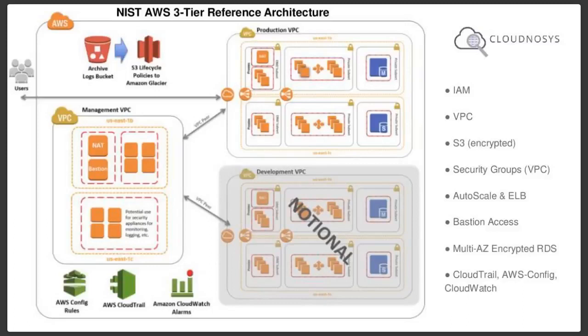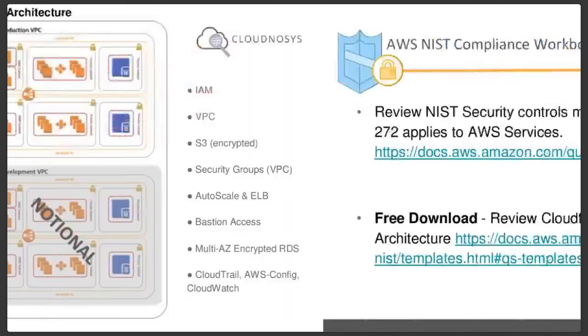This infrastructure has all these different services turned on, everything from S3, security groups, auto scaling, load balancers, bastion access, which is your jump box, multi-zone is turned on, and it has encrypted RDS and CloudWatch and so on. So you have to have this minimum as a starting point. Of course, you should have better than this, but this is your starting point. Be aware of this, and this is actually documented in the Amazon notes.